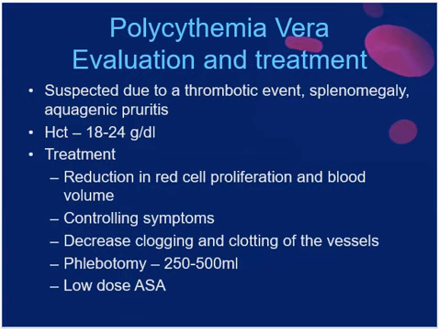So it's important for your patient to stay hydrated, and these patients are often on a low dose of aspirin to help thin out the blood. A treatment that you may see used in polycythemia vera is the use of a medication called Hydrea. It is a myelosuppressive drug, and it's used in the treatment of this condition that is not controlled by phlebotomy.